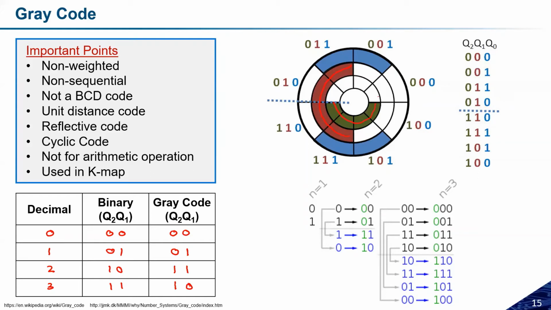Suppose initially I had the least significant bit 0 1 1 0. So 0 1 1 0 was somewhere here, and simply try to rotate it, and then you will get all the codes, and that is why we are calling it cyclic.